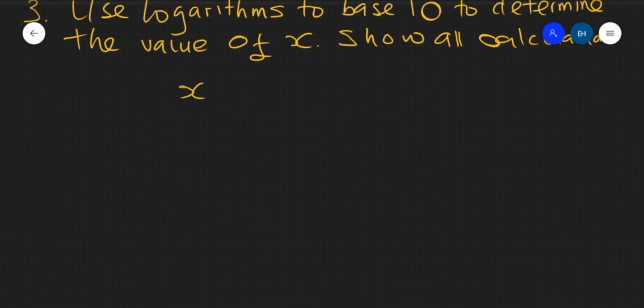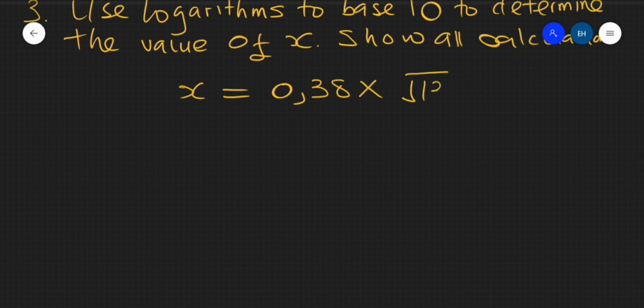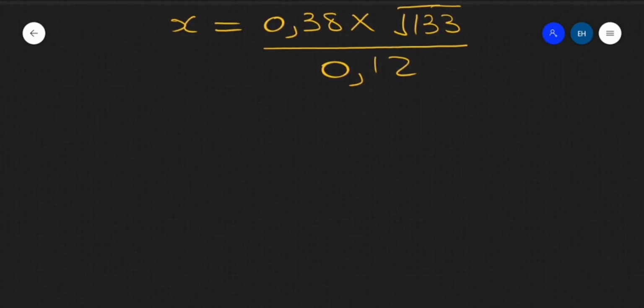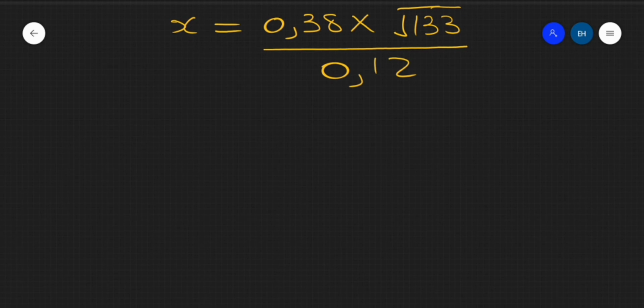So we have x is equal to 0.38 times root 133 all over 0.12. What do we do? We are to use logarithms. So what do we do? We apply logs both sides.